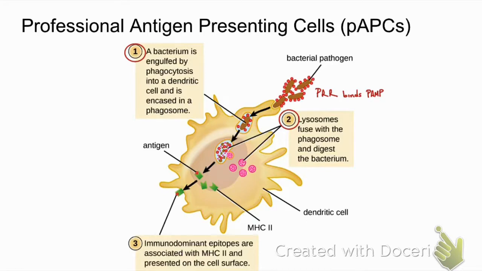And then what's not shown in great detail in this picture here is that after this step, we have vesicles that contain MHC2, which are shown in green, and these vesicles are going to fuse with phagolysosomes.